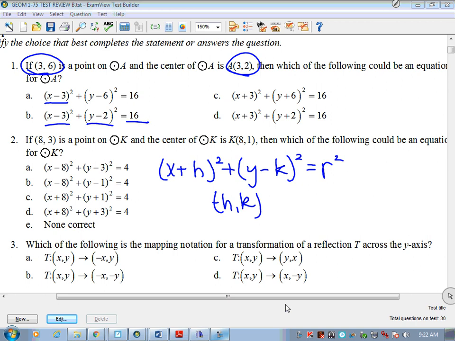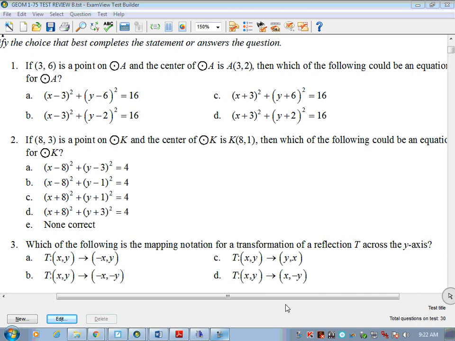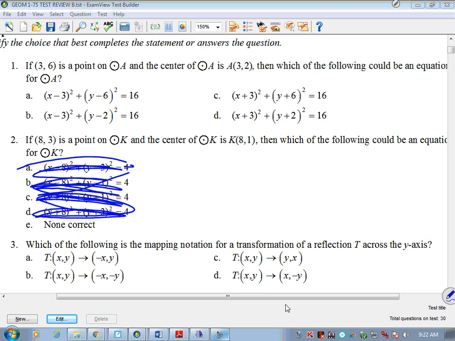Okay, let's do another one. That's 1. Let's look at number 2. If 8, 3 is a point on circle K, the center of this is 8, 1. If my center is 8, 1, I'm going to write x minus what?